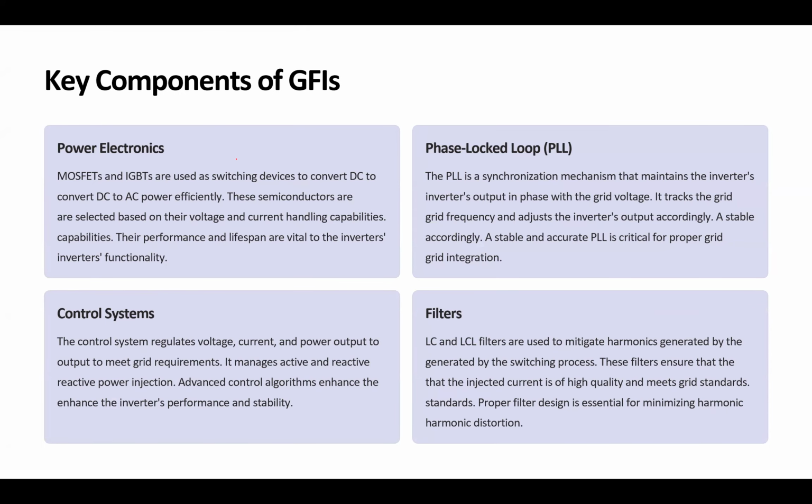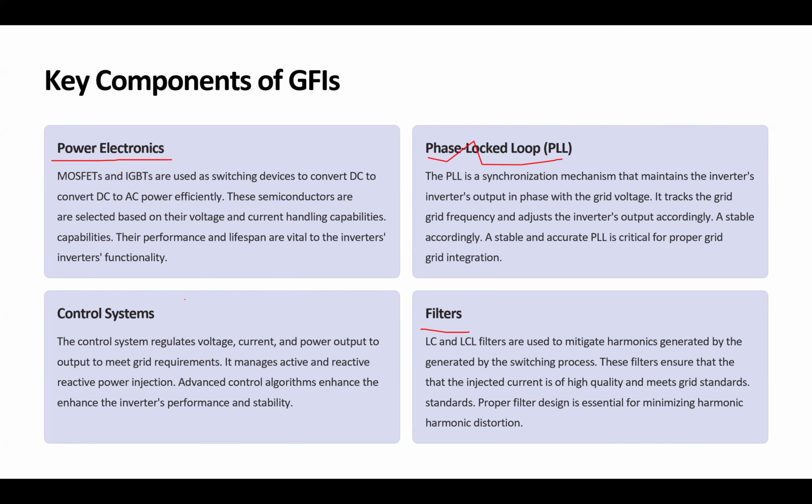So far, for those four components, we already discussed the power electronic switching part and the filter part. So the end block and starting block of this configuration, we already covered. Today we are going to talk about these two middle blocks, the control system block and the phase lock loop.